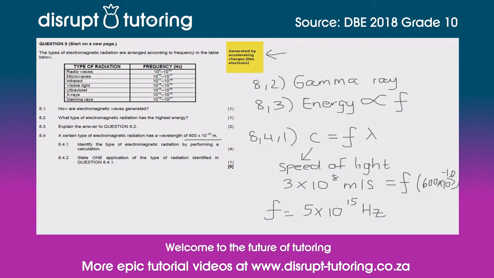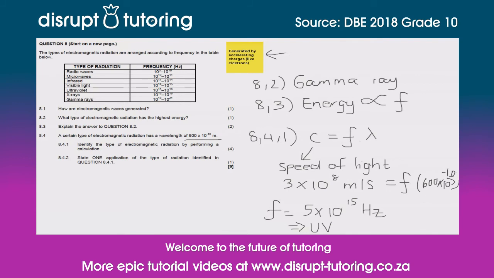Cool. Then we look at our table and see where 5 times 10 to the 15 is. It may look like visible light because it has a times 10 to the 15 there, but it's actually bigger than that. It's 5 times 10 to the 15. So that falls under ultraviolet. So we know that it is actually UV rays, and you'll write ultraviolet out.